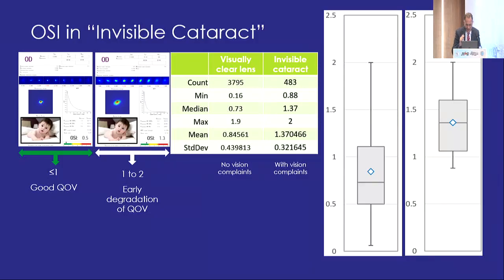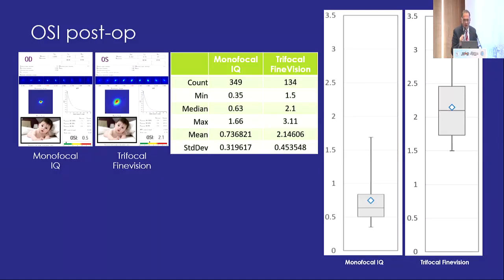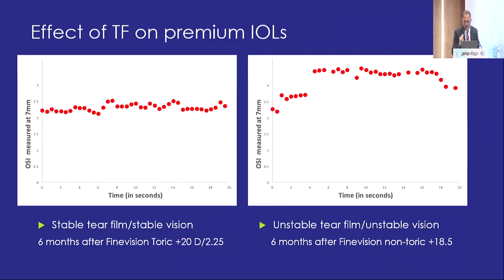To document it, we need to make sure that the ocular surface is in good condition, because the dry eye itself causes an increase in the light scatter.